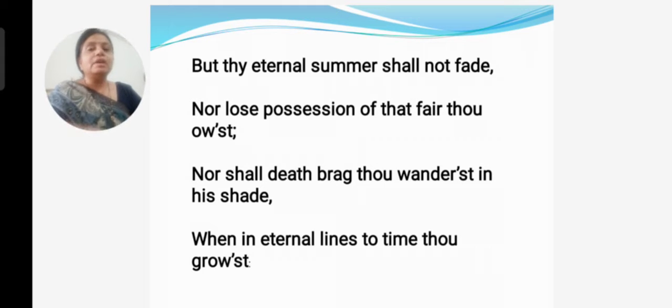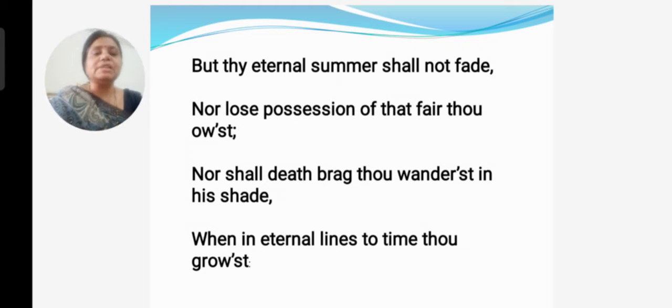Now he says, nor lose possession of the fair thou owest. There are two forces which can decrease anybody's beauty. Force one is time, another force is death. Beauty declines with the passage of time, and in the end, death takes away your whole body.